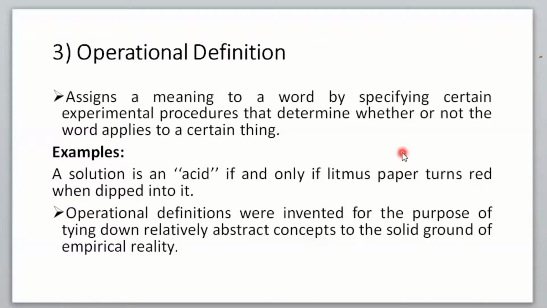If the experiment that has been demonstrated testifies that the solution changed the litmus paper red, that certainly means the solution is an acid. So specifying certain experimental procedures and defining meaning in this way, we call it operational definition. Operational definitions were invented for the purpose of tying down relatively abstract concepts to the solid ground of empirical reality.